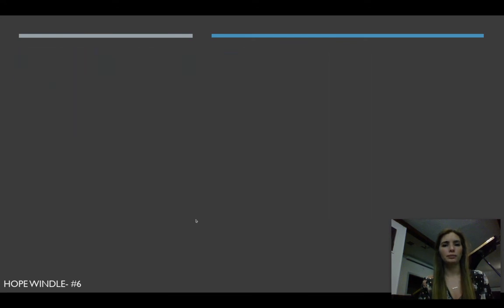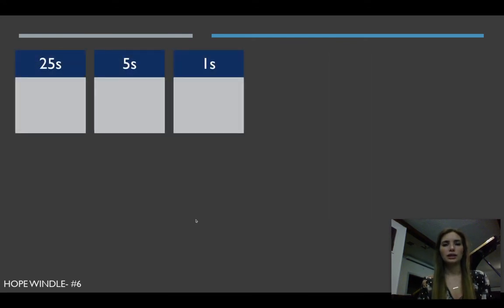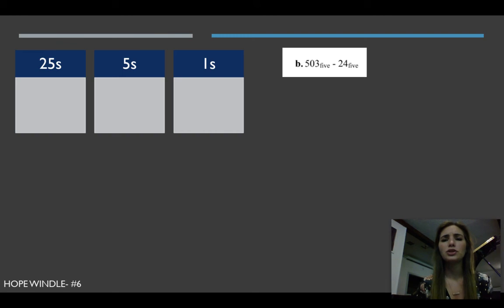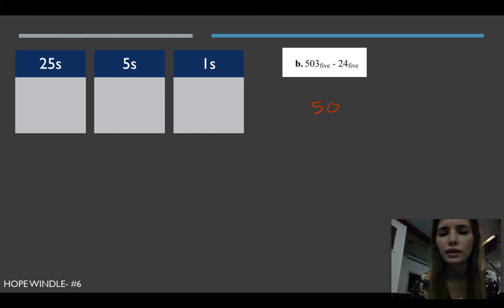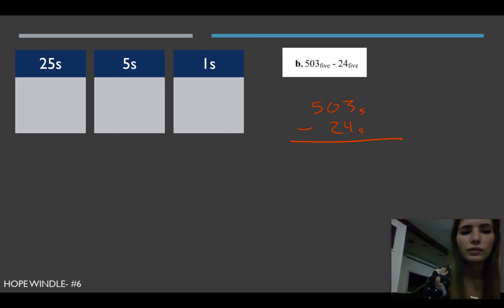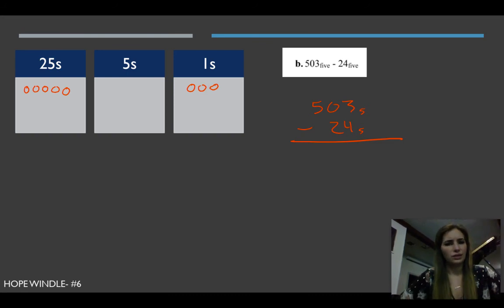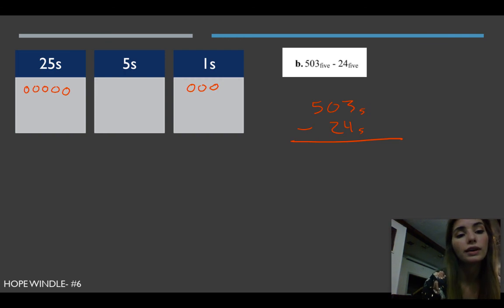Let's try another one. Let's still use our chart and do some more subtraction. So we've got 503 base 5 minus 24 base 5. And again, we've got 5 25s, we've got 0 5s, and we have 3 1s. So we can't take 4 away from 3 1s. We don't have any 5s to borrow. So we're going to have to take away from our 25s first.